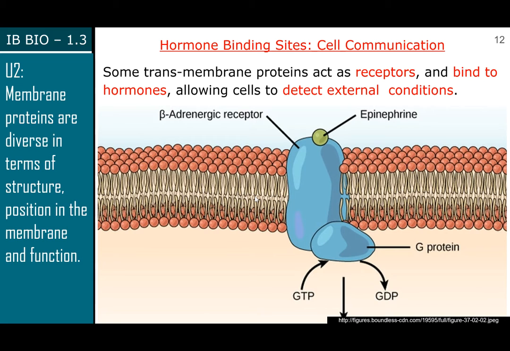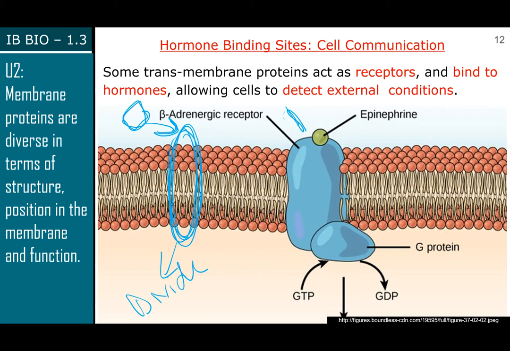So human growth hormone is a hormone that is received by cells. And when your cell receives that signal on the outside, right, it's got a transmembrane protein and here's your human growth hormone. It's received. That tells the cell, hey, it's time to divide because we need to grow.